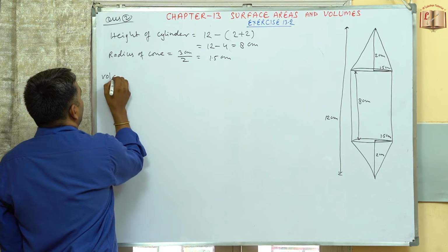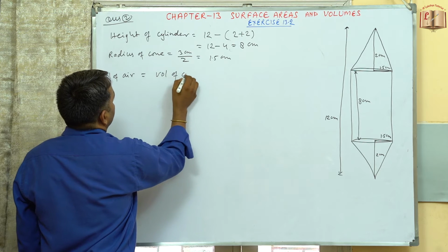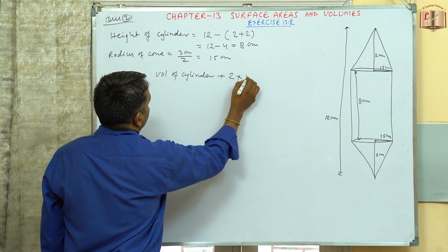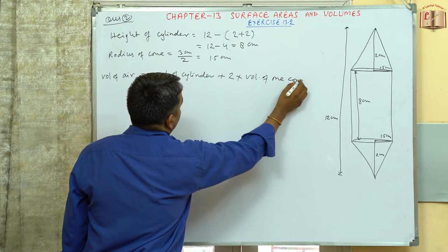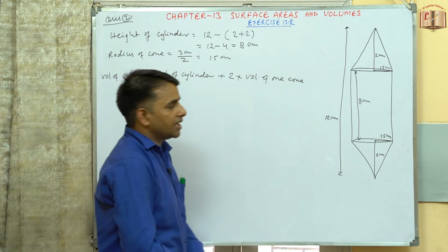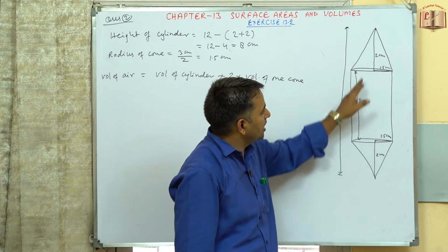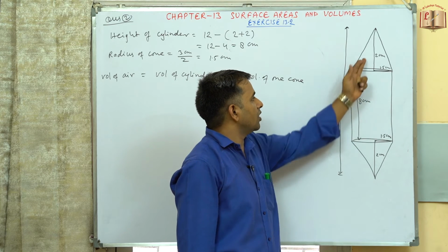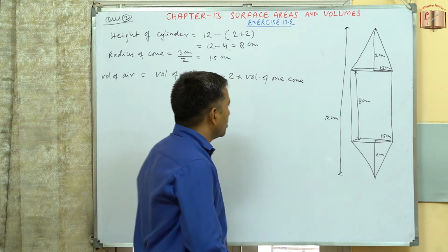Now volume of air will be equal to volume of cylinder plus 2 into volume of one cone. So volume of the air inside this model will be equal to the volume of this cylinder plus 2 times the volume of these cones, because there are 2 cones, so we will multiply by 2.